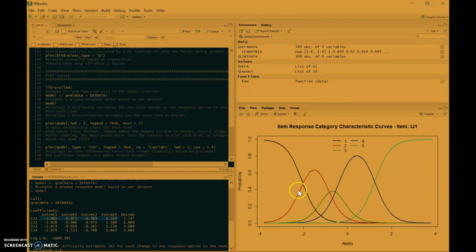Let's pretend for a second that only this green 5 curve was here. Normally our difficulty would be set right about at the middle of this curve, because that's basically the distinction of when it flips over.